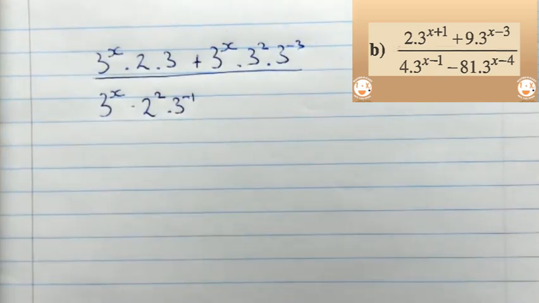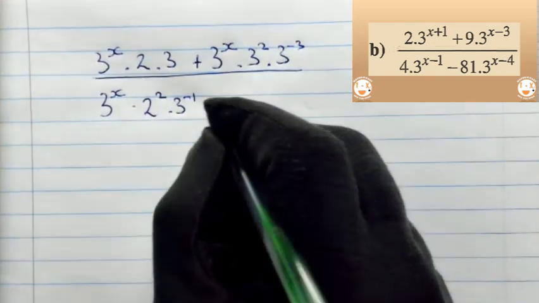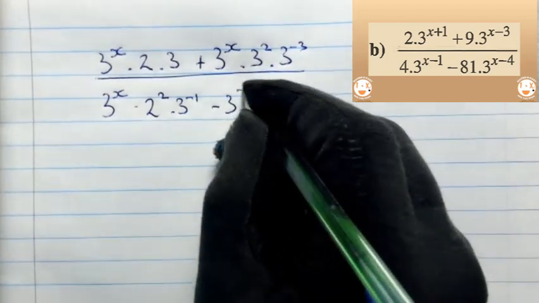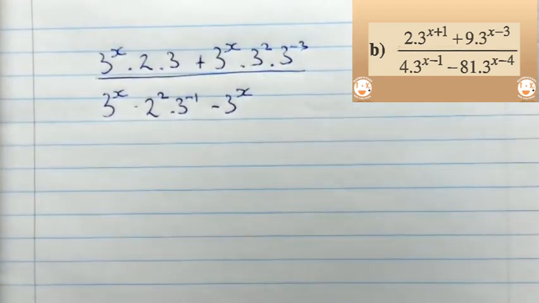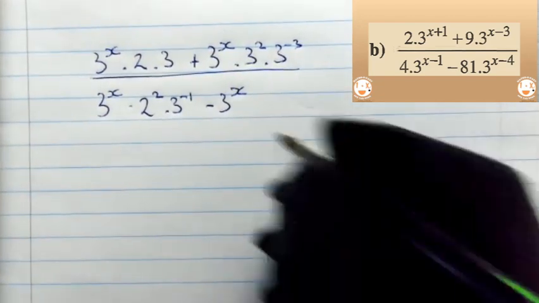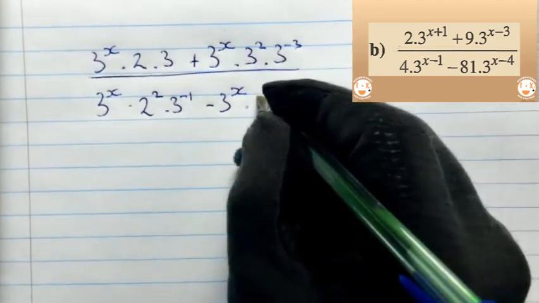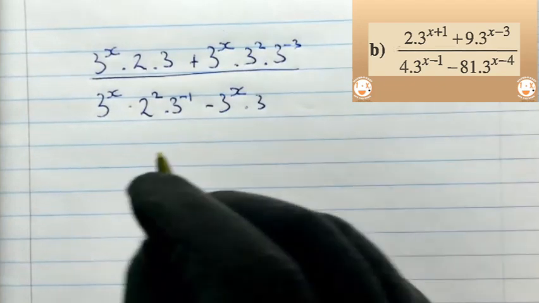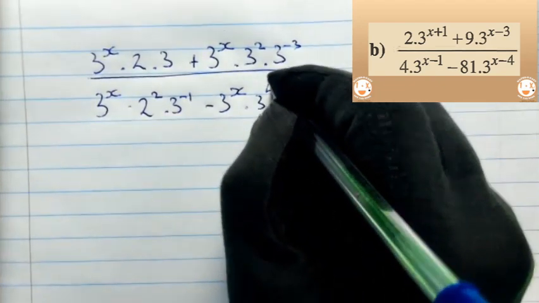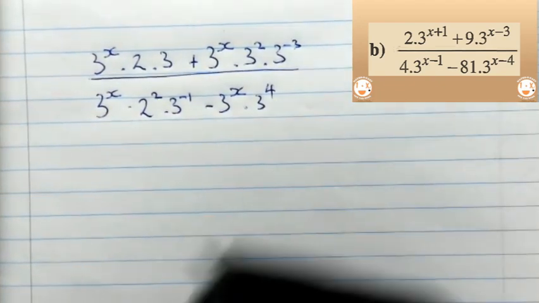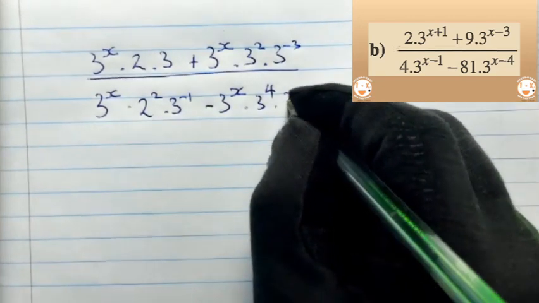Then I'm sorted, isn't it? Then I go again my 3 to the x. Then I go my 3, which is what? Which is 3 by 3 by 3, 27, 3 by 4. Then I'll have a 3 to the negative 4.